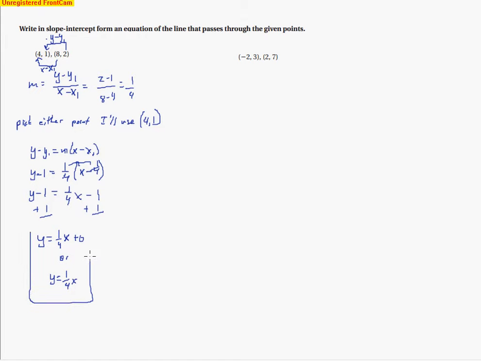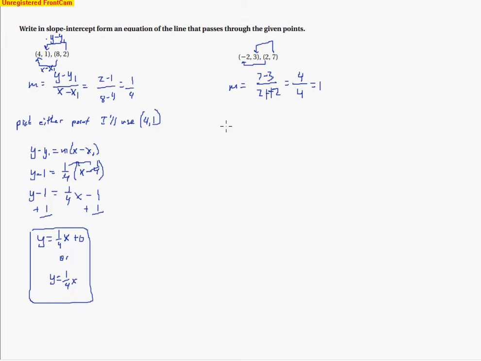Either answer is fine. So on this next one, we end up doing the same thing. We have to find the slope. So 7 minus 3, those are the y values. 7 minus 3 over the x values are going to end up being 2 minus negative 2. So minus negative makes it plus positive. So I'll add the opposite there, and so I end up with 4 over 4. So that just makes 1 as the slope.